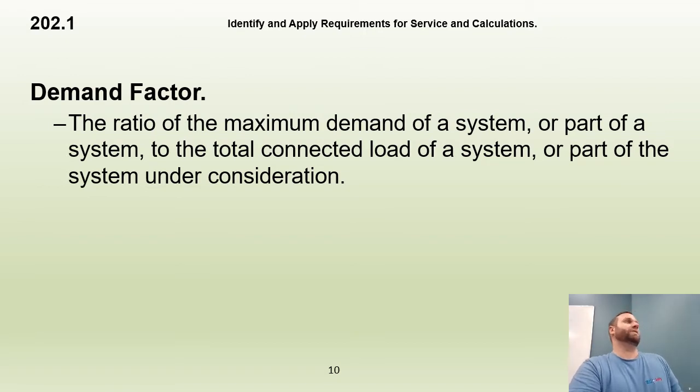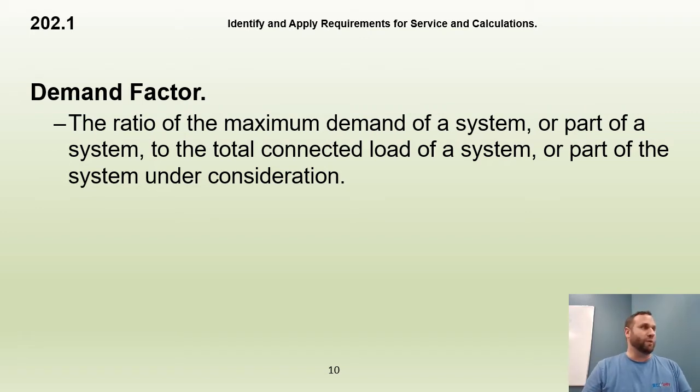So what they allow us in their table is to apply a demand. So instead of 11,000 watts added to the total wattage of our service, when we're trying to figure out what breaker size to protect the house with, we only have to add a portion of that 11,000 watts to our service.